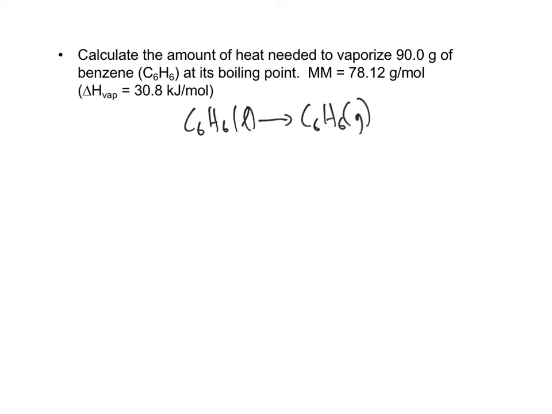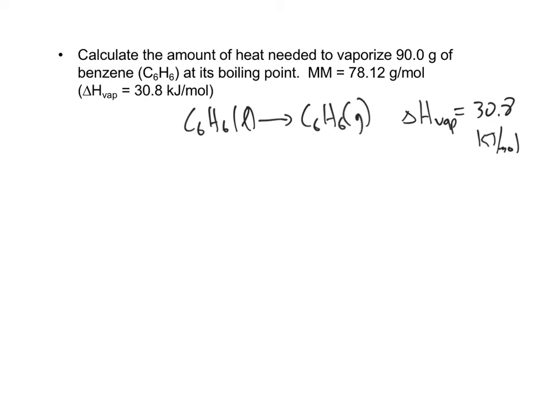So this process is vaporization, so I can write that as a thermochemical equation just like we did in earlier videos. And so I can say that the delta H for that process is 30.8 kilojoules per mole. And so this really is just like a stoichiometry problem with enthalpy. Just the type of reaction we happen to be looking at is a phase change.